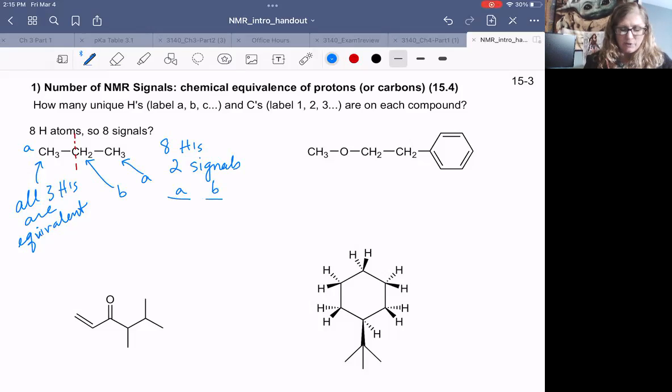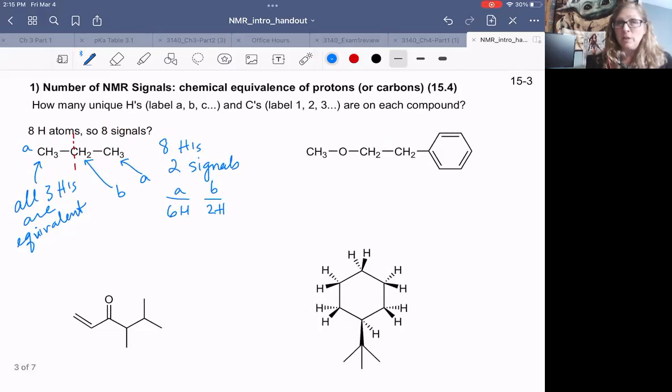And contributing to signal A, we have a total of 6 protons, right? We have 6 protons of type A, and we only have 2 protons of type B. So the ratio of those 2 signals in the NMR is going to be 3 to 1.